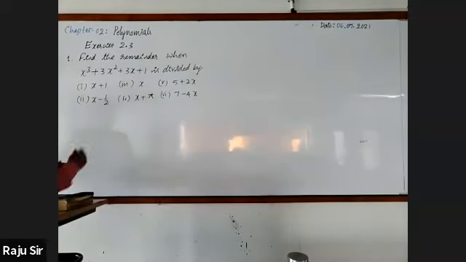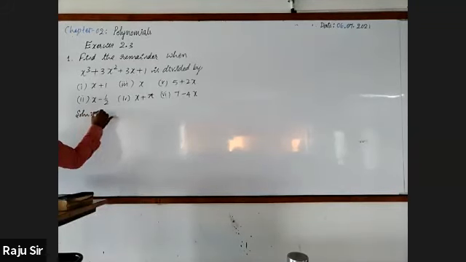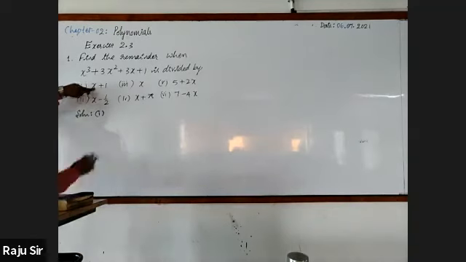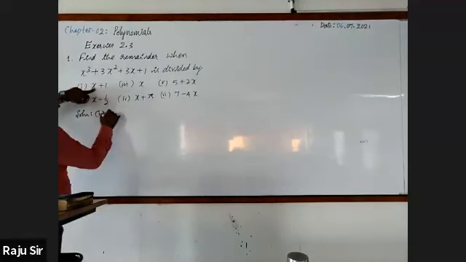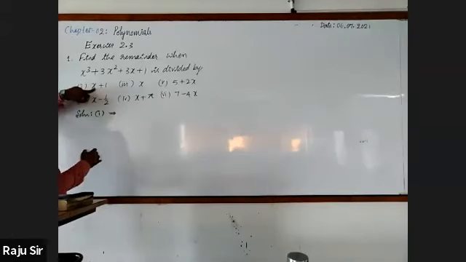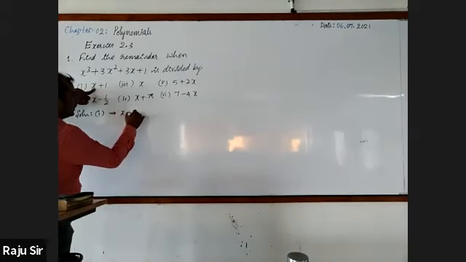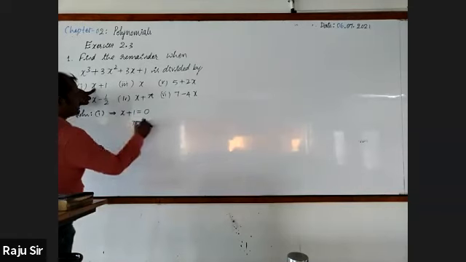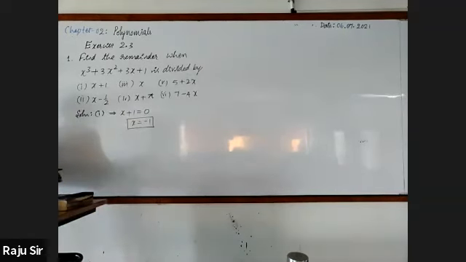Write with me. Start writing with me. Let's move on to the first one. Here, x plus 1 is the divisor, right? So find its zero. x plus 1 is equal to 0, so x is equal to minus 1. Hope you have got the same.